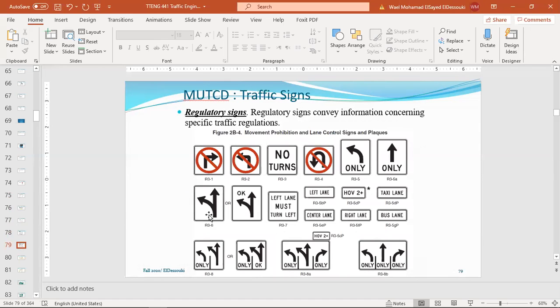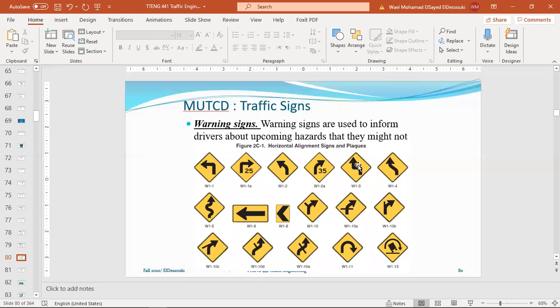Here it's through only or left turn only. If you violate this sign, you are making a violation, so you ought to get a citation. These are warning signs. They give the driver alertness that there is an upcoming hazard, and he must take care while making these turns or this kind of maneuvers.